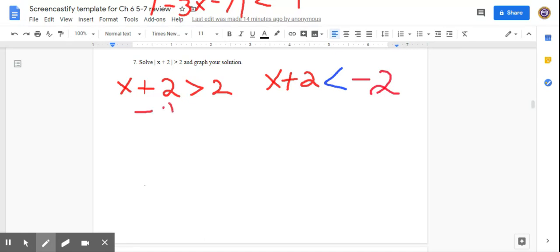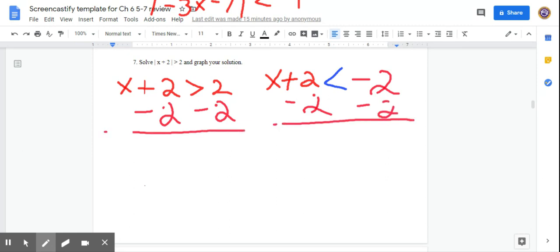Subtract 2. Again, all the work is the same once you write your two equations or inequalities. So x is greater than 2 minus 2, which is 0. That doesn't mean there's no solution. 0 is a number. It's an answer. And x is less than negative 4.